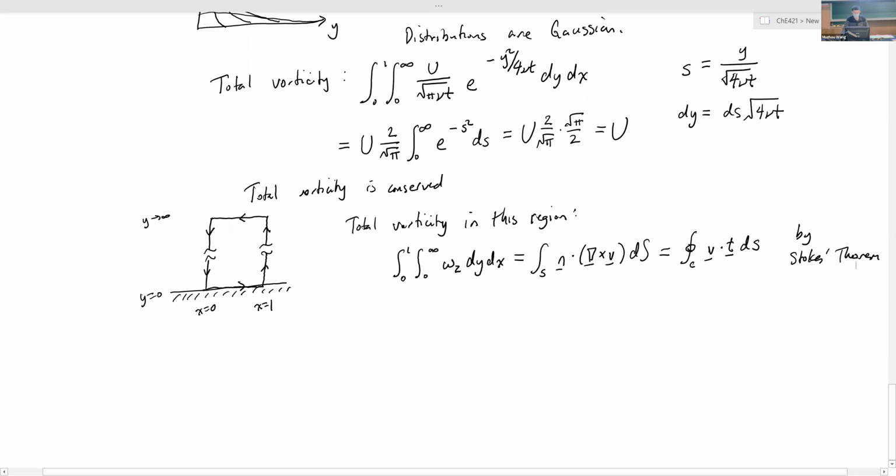The way we calculate this is a line integral. We go around the circle. Let's say there are 4 different parts of the surface: there's a 1 here, a 2, a 3, and a 4.